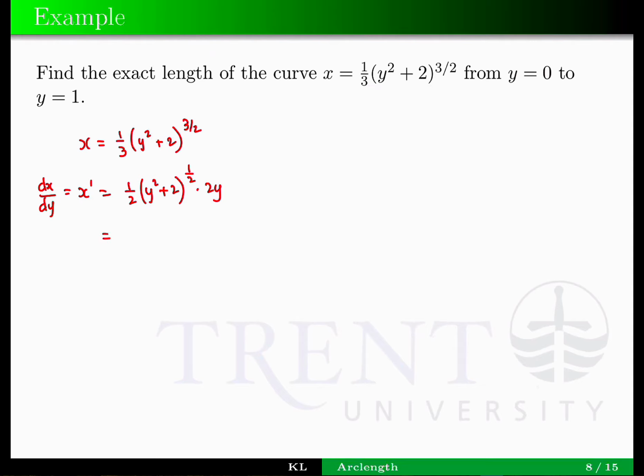And this becomes y times (y squared plus 2) raised to 1/2. And then square it, x prime squared. This will be y squared times (y squared plus 2), since the square root disappears.